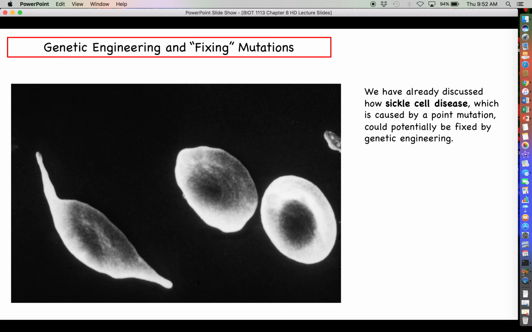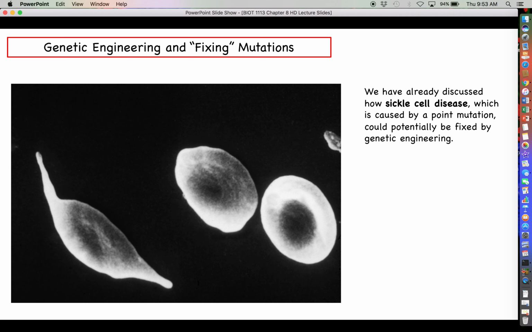Well, that's the sort of thing that could potentially be fixed by genetic engineering. Basically, the idea is that you go into the DNA, you change that nucleotide back to what it's supposed to be, you fix the beta globin protein, and then the person would be well again. They wouldn't experience the negative consequences of the disease.